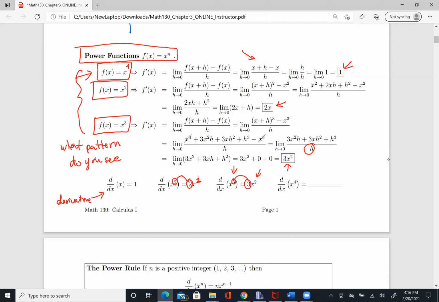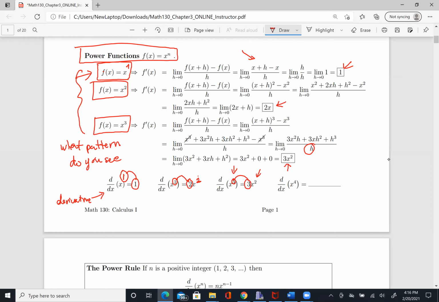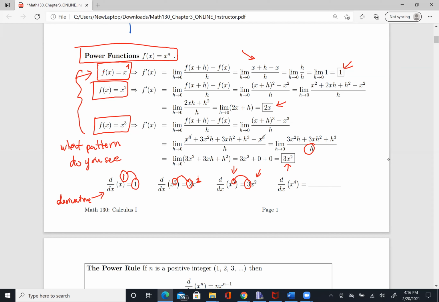Okay, so what about this one? I have x here power 1, right? So I put this number 1 down as the coefficient of the derivative. The variable in the derivative function should have a power that is lower by 1.